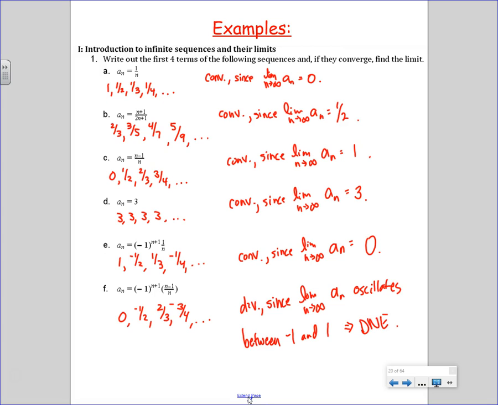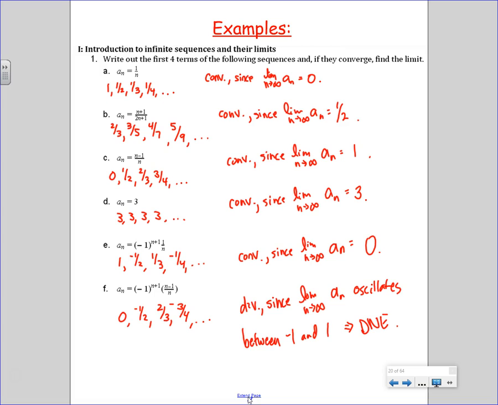Why? If these were all positive, would it be getting closer and closer to a positive one? Yeah, then it would converge. If they were all negative, would it get closer and closer to a negative one? Yeah, then it would converge. But what's it doing? If you looked at the graph, wouldn't it be getting closer and closer to positive 1 and negative 1?